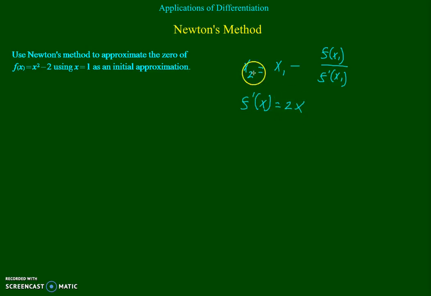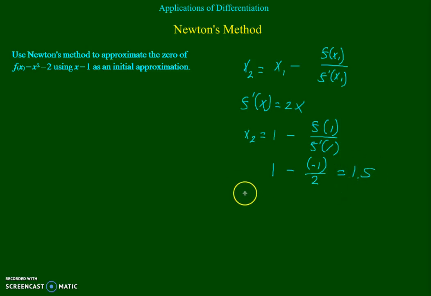Now evaluating this right side at our initial approximation, we get x2 equals 1 minus f of 1 over f prime of 1, which is 1 minus negative 1 over 2. And that gives us 1.5.